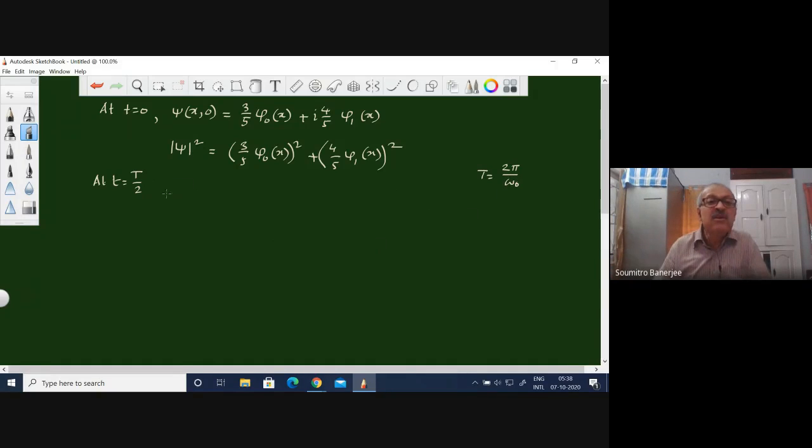So then your psi x of T by 2 is, you have to write this, 3 by 5 psi naught x times the phase factor e to the power minus i E naught t by h cross, plus i 4 by 5 psi 1 times e to the power minus i E1 t by h cross.